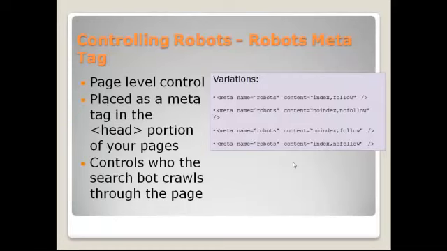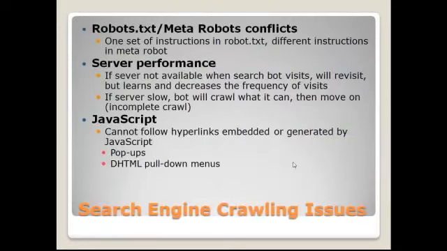Placed as a meta tag in the head portion of your pages, it controls how the search bot crawls through the page. Now, some search engine crawling issues might happen when there are conflicts between the robots.txt and the meta robots. One set of instructions in the robots.txt might be different from the instructions in a meta robots tag.